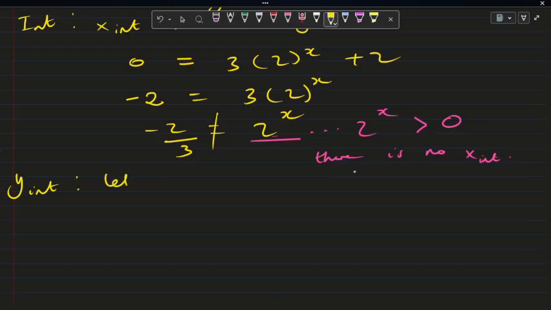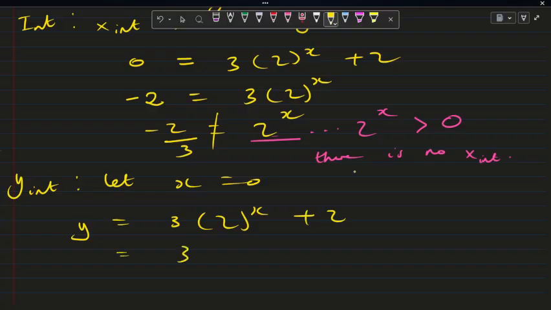The y-intercept, we'll get this by letting x be equal to 0. Now, we know that the equation is y is equal to 3 times 2 to the power of x plus 2.